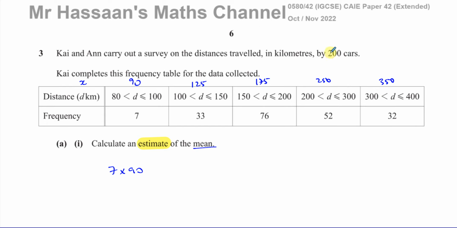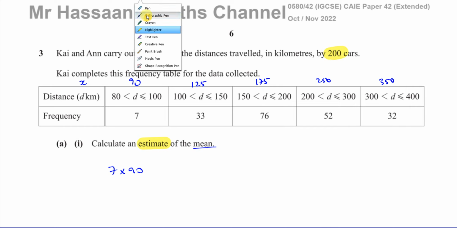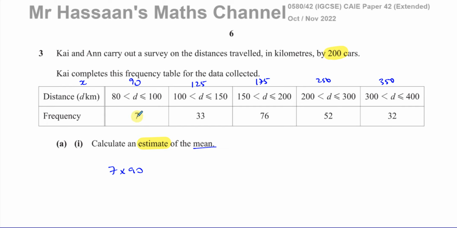If they hadn't told us there were 200 cars, we would have had to add these frequencies together, and they would have given us 200. So these 7 cars, we estimate that each of them traveled 90 kilometers, so the total of the distances they traveled is 7 times 90.